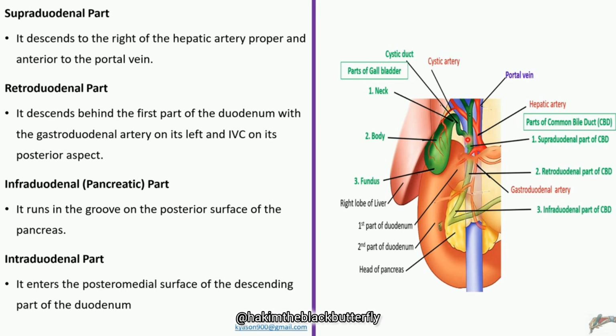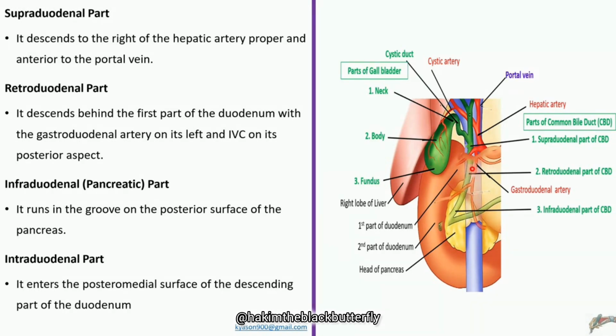Then, of course, we shall have it running behind the duodenum, and it's going to run on the right side of the gastroduodenal artery. The gastroduodenal artery we looked at last time. It's a branch of the common hepatic, which is going to come and run behind the duodenum. Okay, and it's going to be on the left side of the retroduodenal part of the common bile duct.